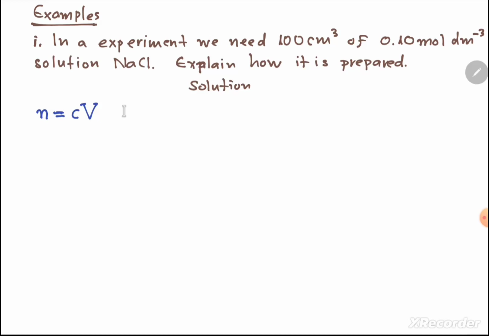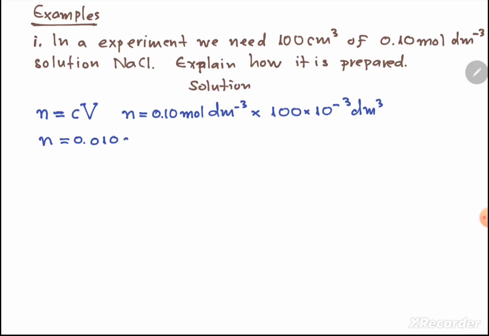We convert the volume to dm³. So we have 0.01 mole of sodium chloride.